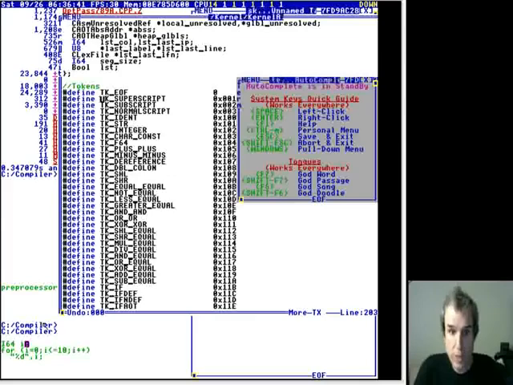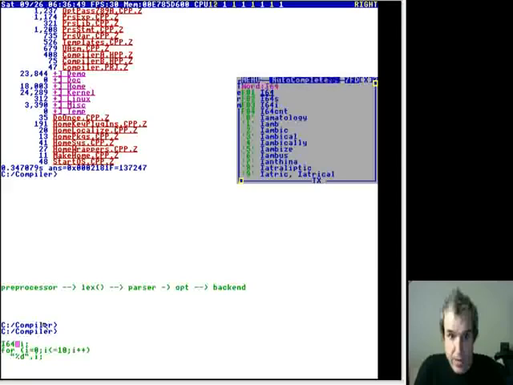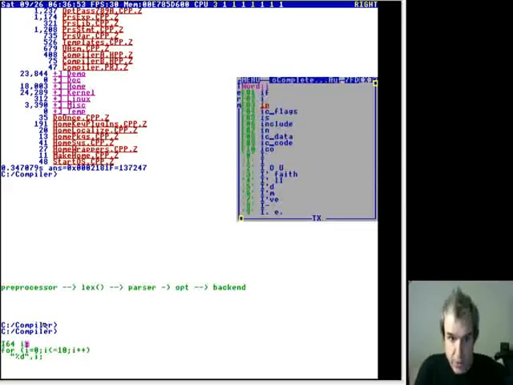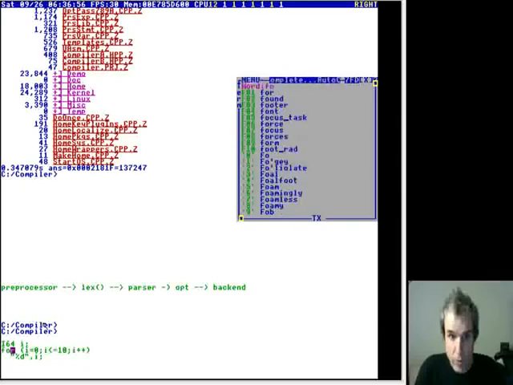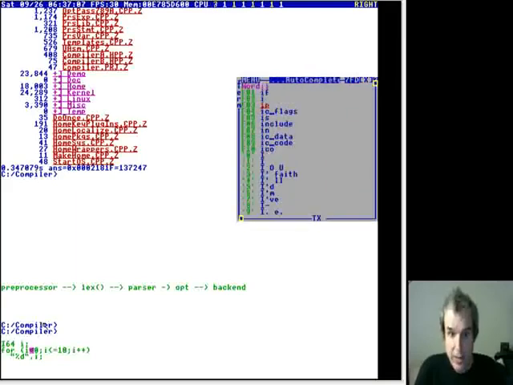So when the lexical analyzer is a function you call as you're parsing, it says, okay, we have a token identifier I, we have a semicolon, and it returns the ASCII of the semicolon. Then it says we have a token for, which is also a keyword, and then it returns the ASCII of a parenthesis. Then it says we have an identifier I. Then it returns the ASCII of the equal.